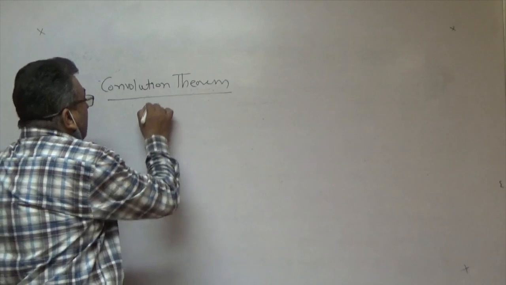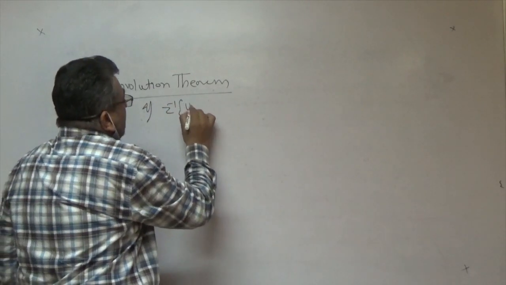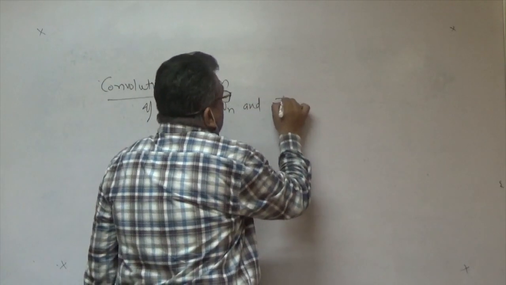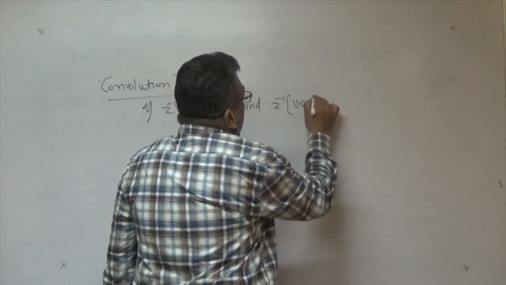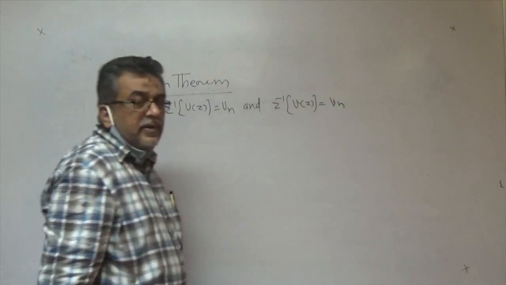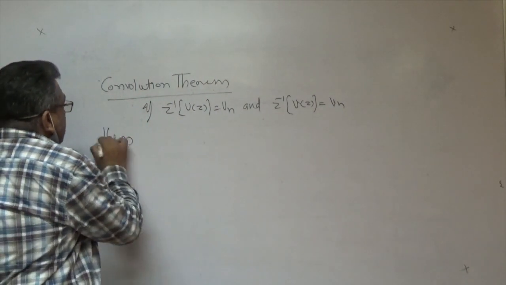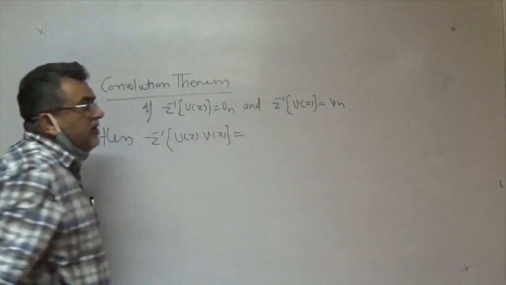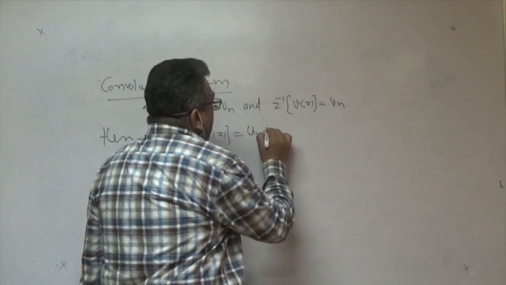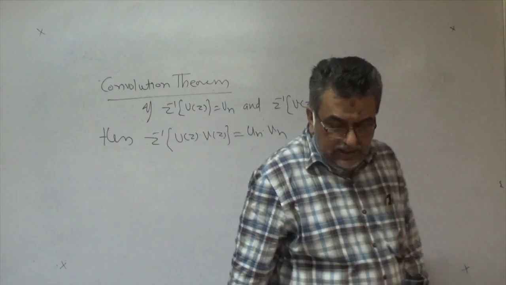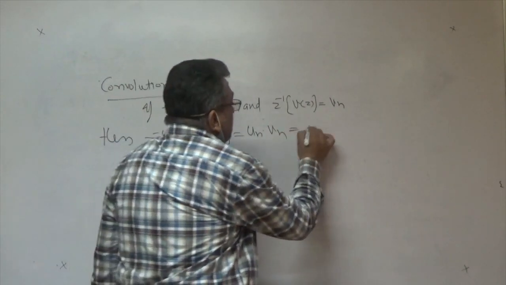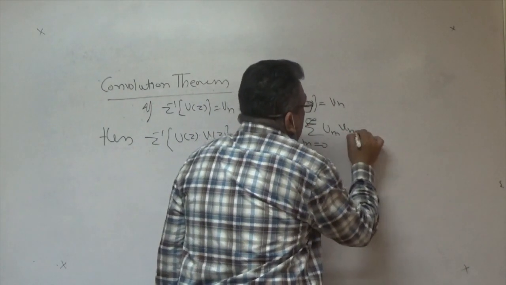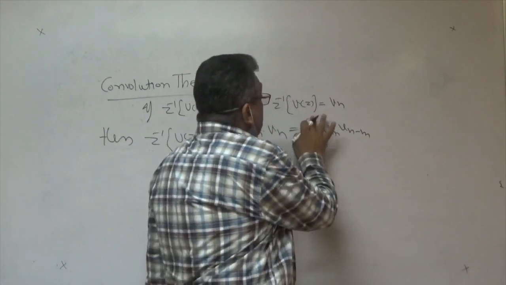What is the statement? If the inverse Z transform of u(z) is the sequence u_n, and the inverse Z transform of another function v(z) is v_n, then the Convolution theorem states that the inverse Z transform of u(z) into v(z) is simply u_n convolved with v_n, or you can also write it as the sum over m equal to 0 to n of u_m v_(n minus m).